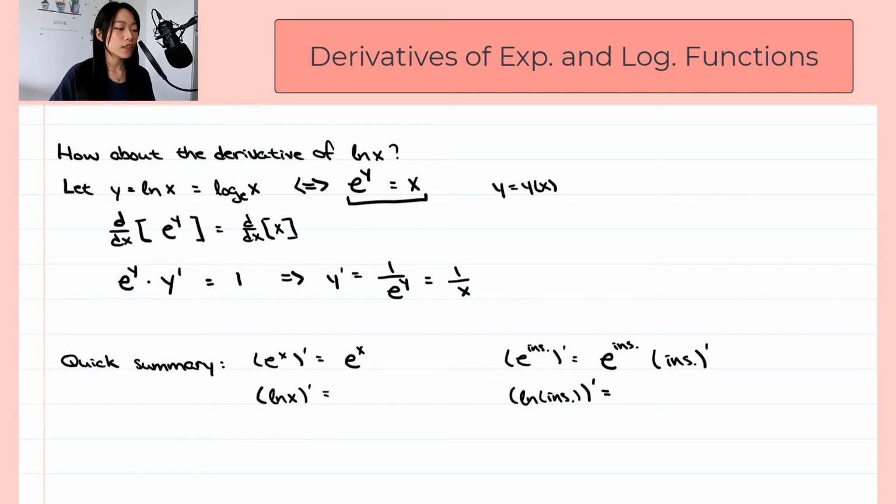And we've also proven the derivative of ln of x, which is 1 over x. And if we have a composition function, instead of x we have an inside function, then its derivative is 1 over the inside function times the derivative of the inside function.